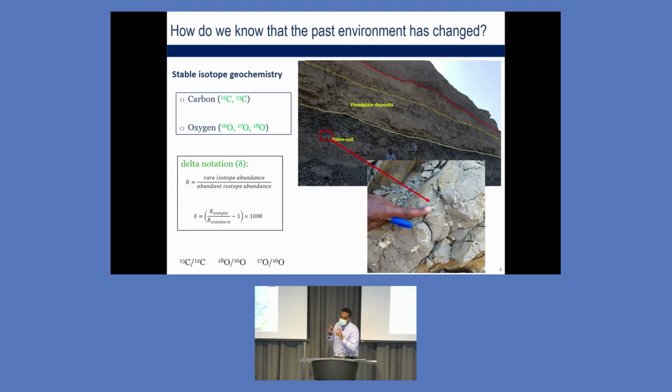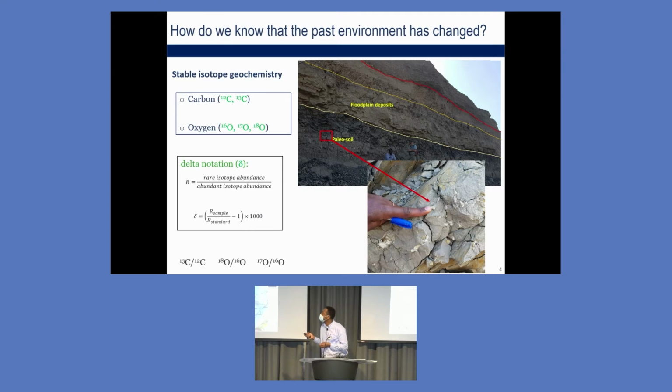In these soil materials, there are carbonate minerals, precipitated or formed within the soil. These materials record the climatic condition at the surface. By analyzing the carbon isotope and the oxygen isotope, we will be able to tell the vegetation of that area. We can tell the environmental or climatic condition using the oxygen.